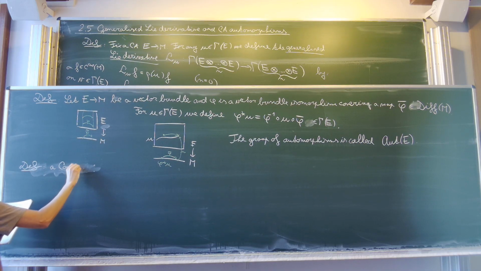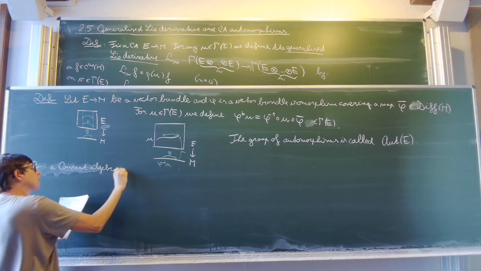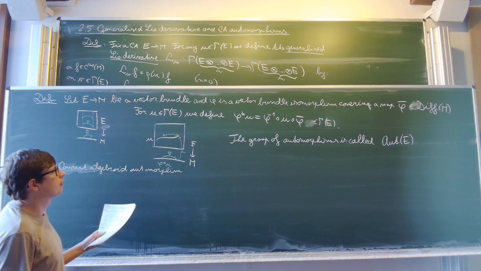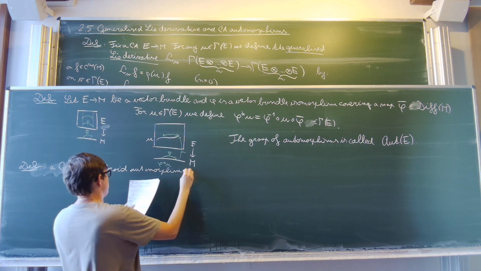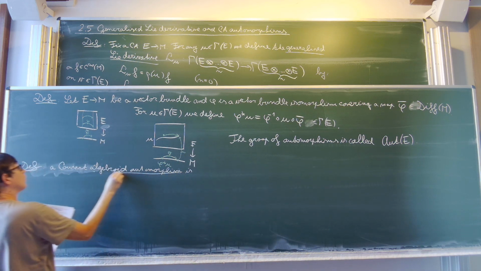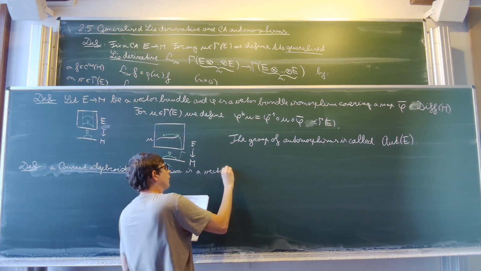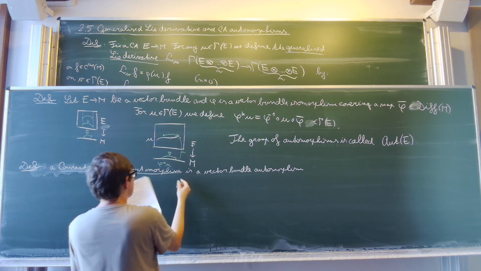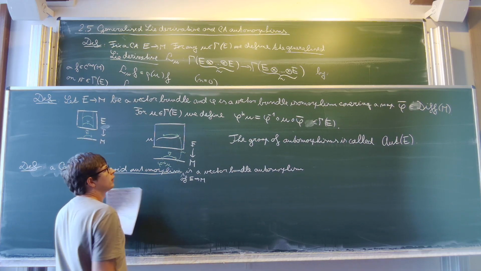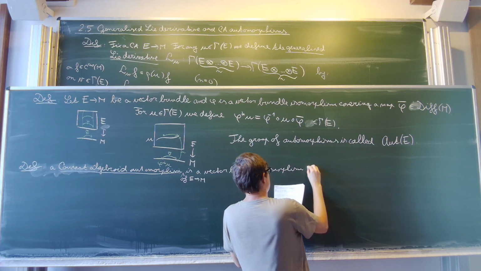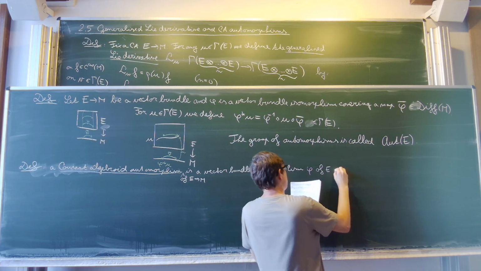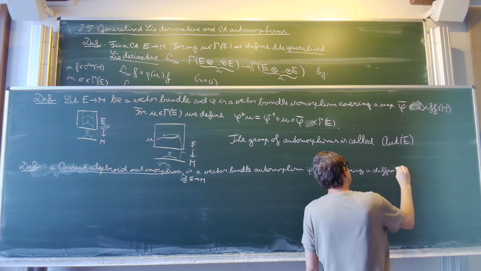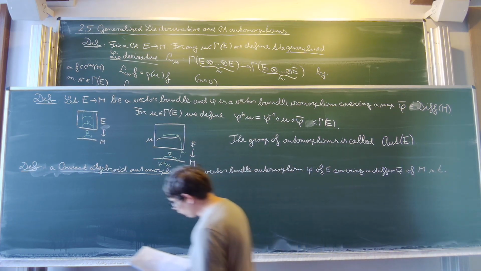A Courant algebroid automorphism of a Courant algebroid, which let's call E over M, is a vector bundle automorphism phi of E covering some diffeomorphism phi bar of M.